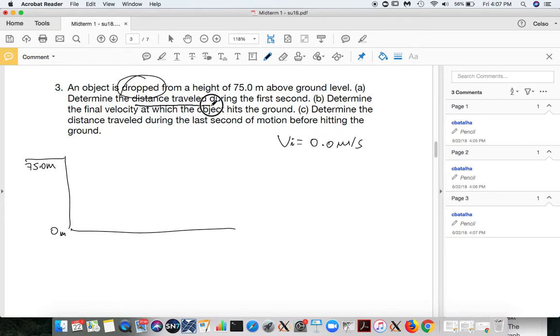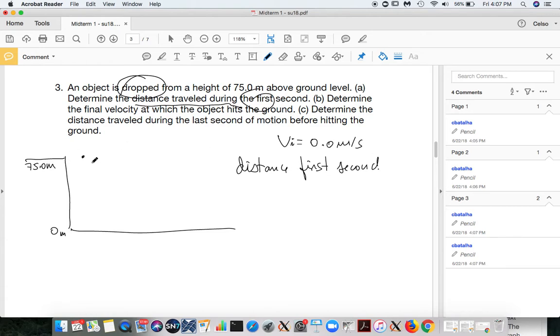Determine the distance traveled during the first second. So distance x, or in fact y. So you want a distance in the first second. So how do we do that?